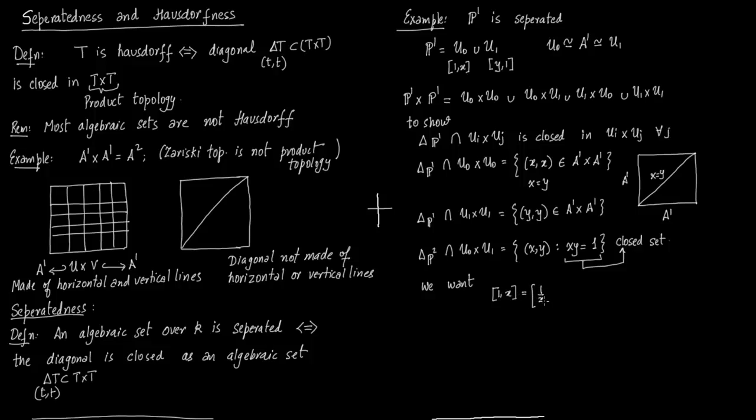So for U0 and U1 to be the same, we cannot have x vanishing, because on the second set the second coordinate does not vanish, so you can divide by x. So the only thing you need to notice here is you can divide out by x, because when both the coordinates are equal, then the second coordinate cannot vanish. The diagonal U0 is equal to U1, and that is precisely what I have put. 1 by x is equal to y, and that gives the result.